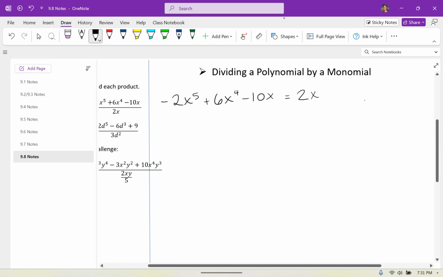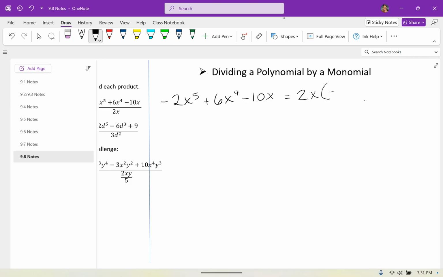Okay, so I'm factoring out 2x from negative 2x to the fifth. What's left is a negative 1 x to the fourth. Right, so it's like thinking backwards. If you multiply these two things together, you will get this. Is that true? Yes.